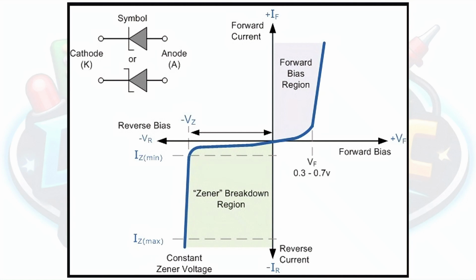Now, as mentioned earlier, to understand this curve, we need to have a closer look at the reverse breakdown voltage of the Zener diode, which is represented here as V sub Z. When the voltage across the diode is less than its Zener voltage, there's very little current flowing through it, as you can see here. That characteristic is similar to a rectifier diode.